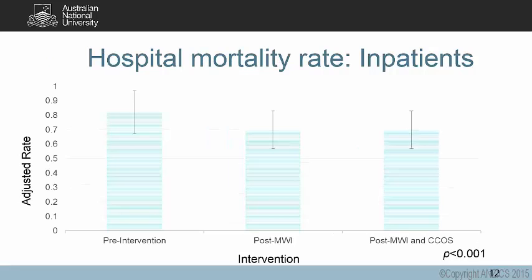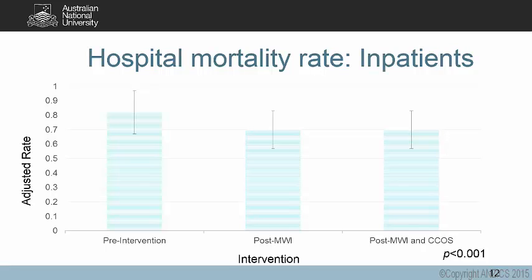So this is hospital mortality rate for all ward patients. This is the adjusted hospital mortality, and again a logistic regression model was used, adjusting for patient sex, age, length of hospital stay, and mortality risk. The results overall were significant.